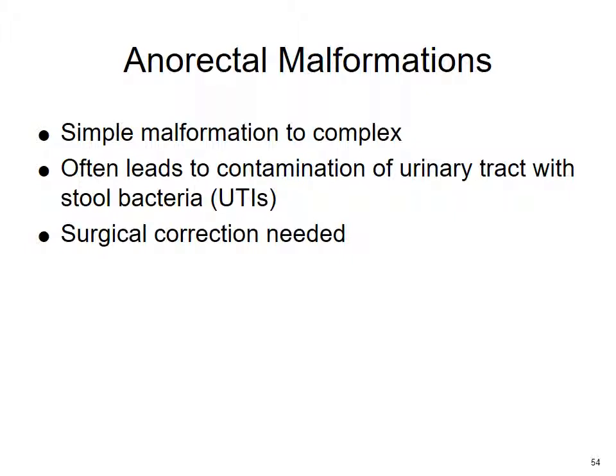There are a number of different anorectal malformations, anywhere from simple to complex. The problem with these is that they oftentimes lead to contamination of the urinary tract with stool bacteria, causing frequent UTIs. So surgical correction is often needed for these.